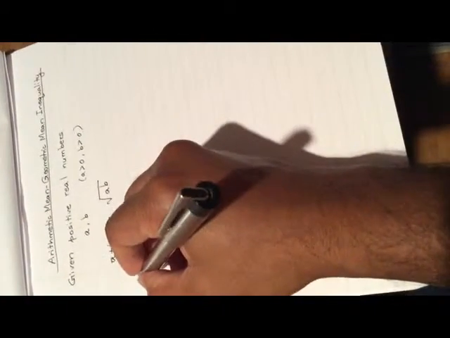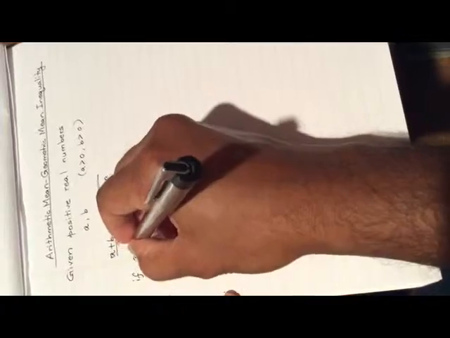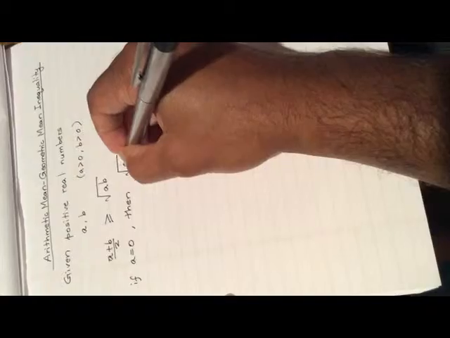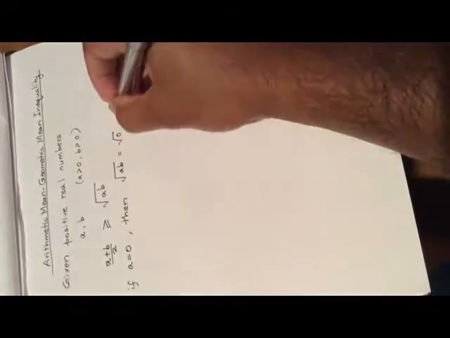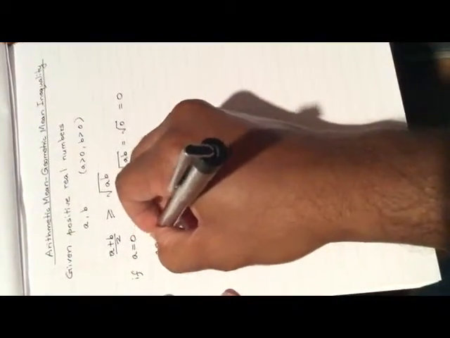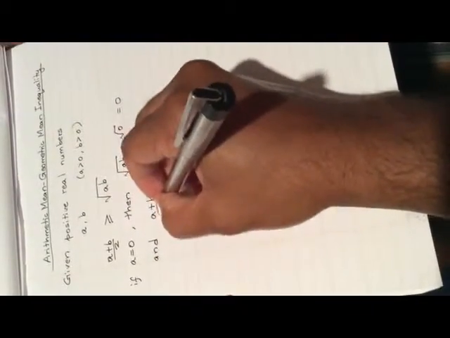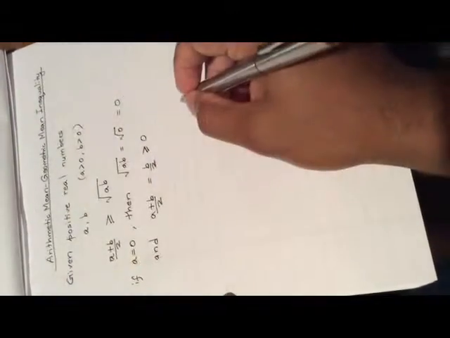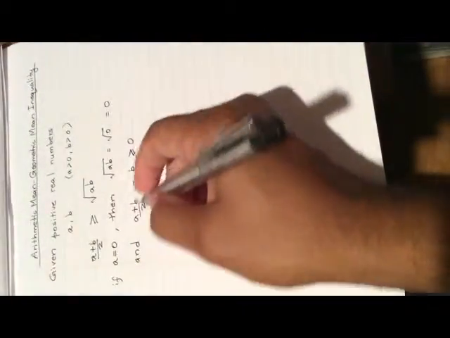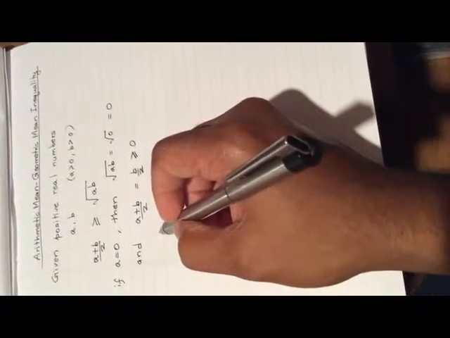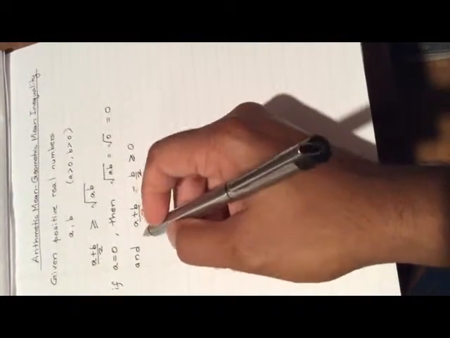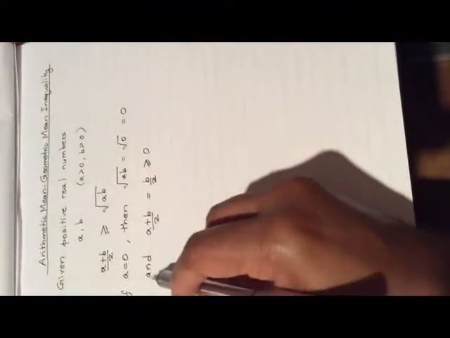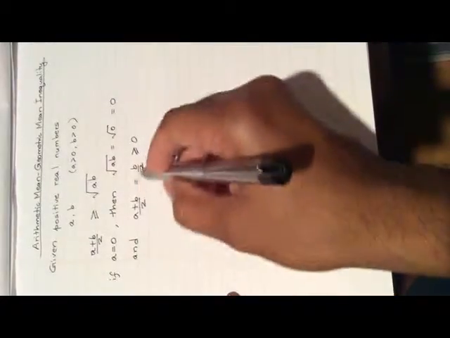So notice that if a is 0, then the square root of ab is just the square root of 0, which is 0, and a plus b over 2 is just b over 2, which is bigger than or equal to 0. So there's nothing to show. This inequality is trivially true. Now what we want is, of course, the general case, that if you have positive numbers, then this is always true. Cases like when one of them is 0 are easy to prove.